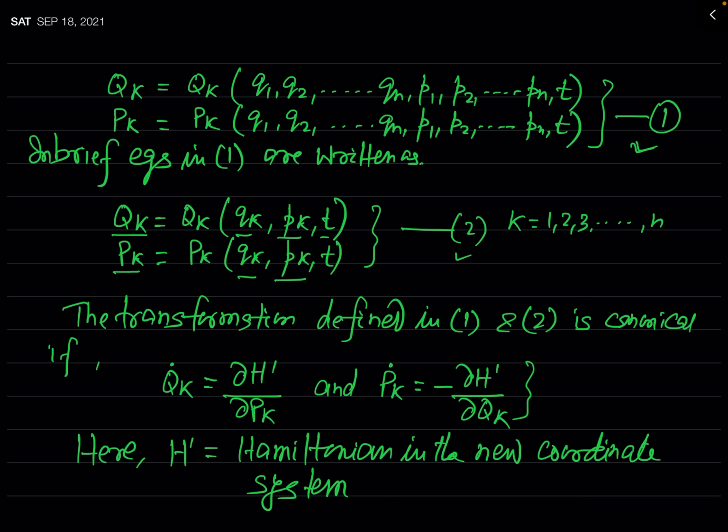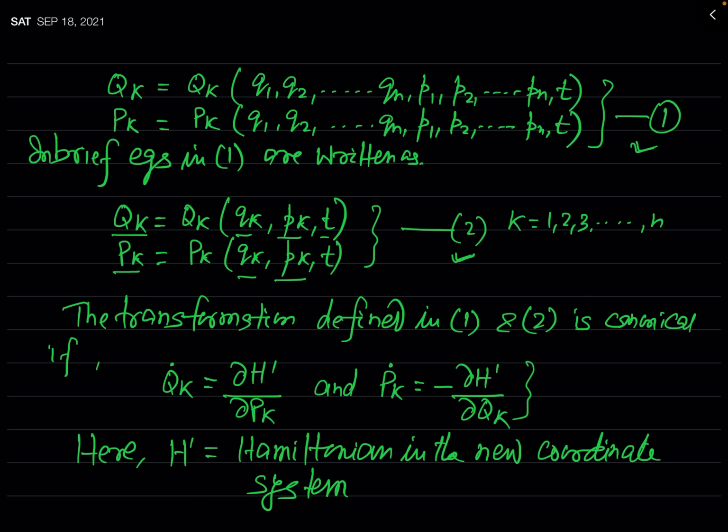And this transformation defined in equation 2 or in 1 will be called a canonical transformation, but only when the form of Hamilton's equation of motion does not change in this new coordinate system.